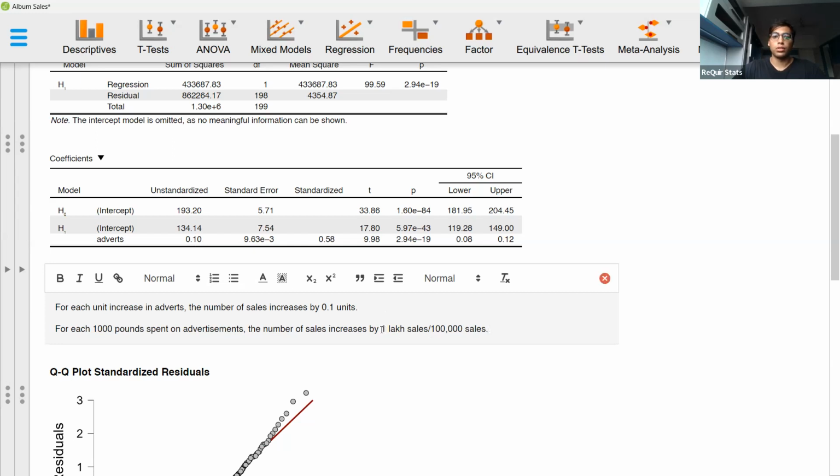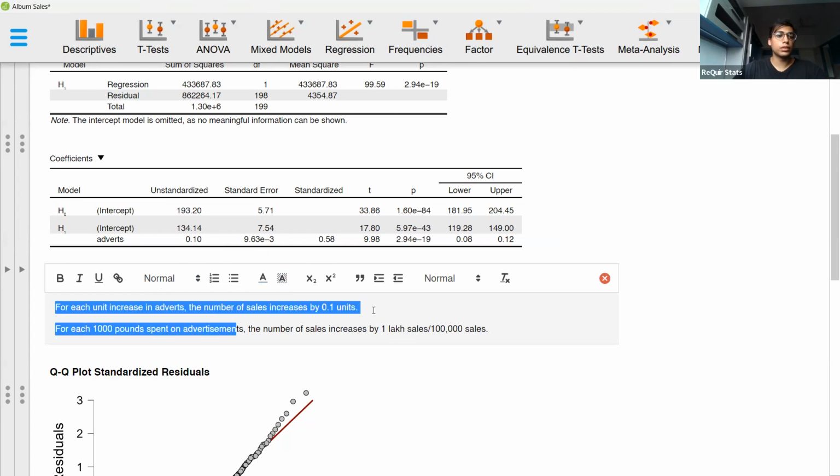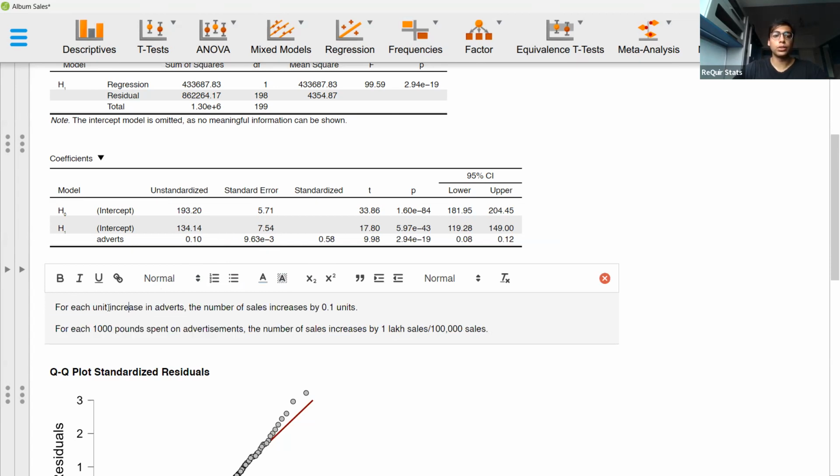Okay. So if this was 0.5, then it would be 5 lakh sales, and so on and so forth. So basically you interpret this coefficient. This is the statement that you need to keep in mind: for each unit increase in adverts, the number of sales increases by these many.